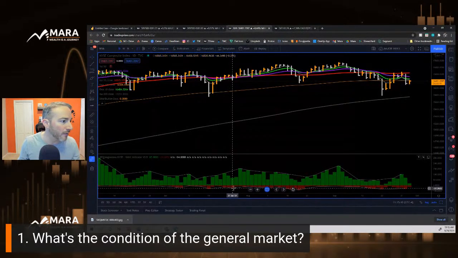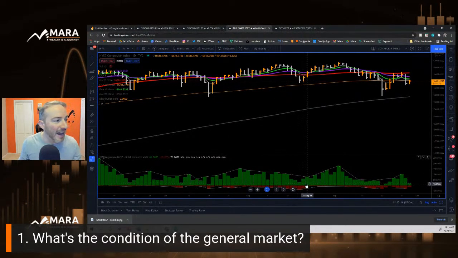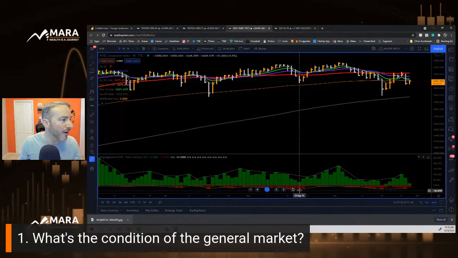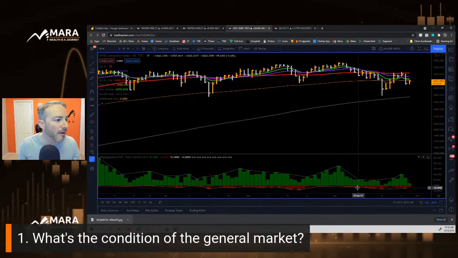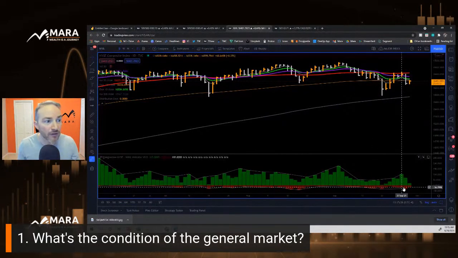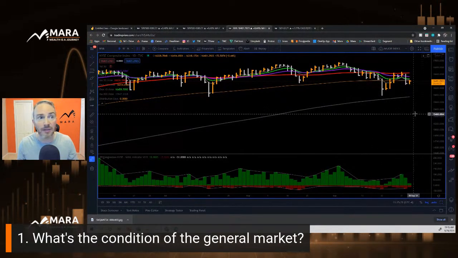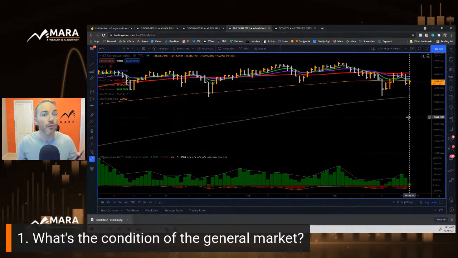Now all of a sudden, you see that red, it's kind of hung around for a bit longer. Not a ton of stocks making new lows, but you're starting to see it's in the mid double digits, like in the 40s. Over here, it's in the 20s, 30s. Yeah, it's something to be mindful of. So those are the main things that I'm looking at related to the general market conditions.